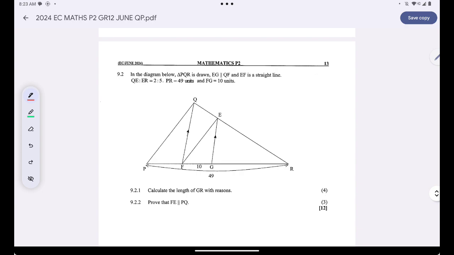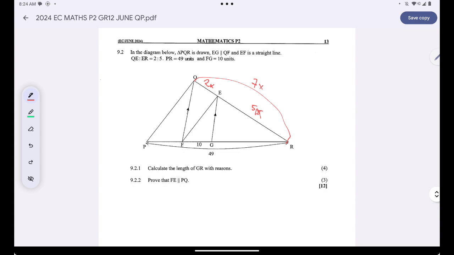It simply means if this is 2x, that will be 5x, right? And then the entire length will be 7x. PR is 49, FG is 10. Calculate, giving reasons, the length of GR.